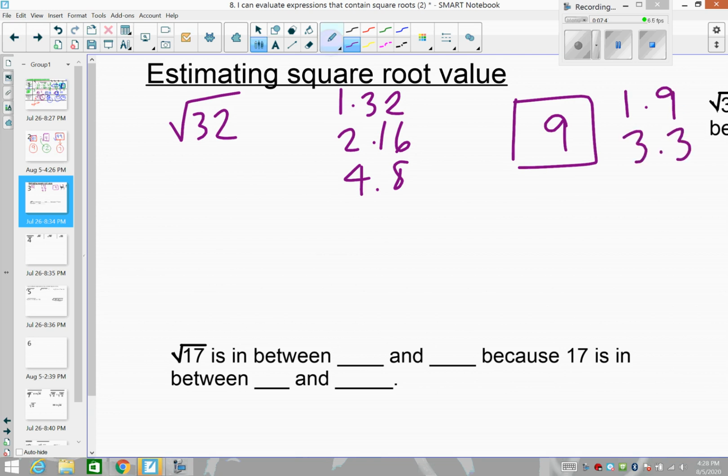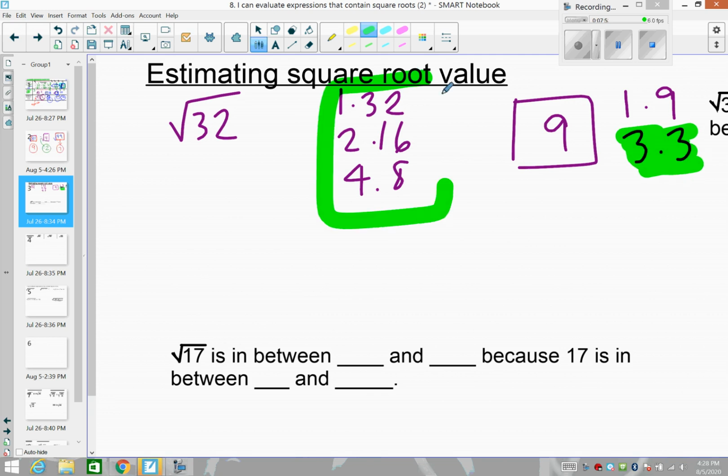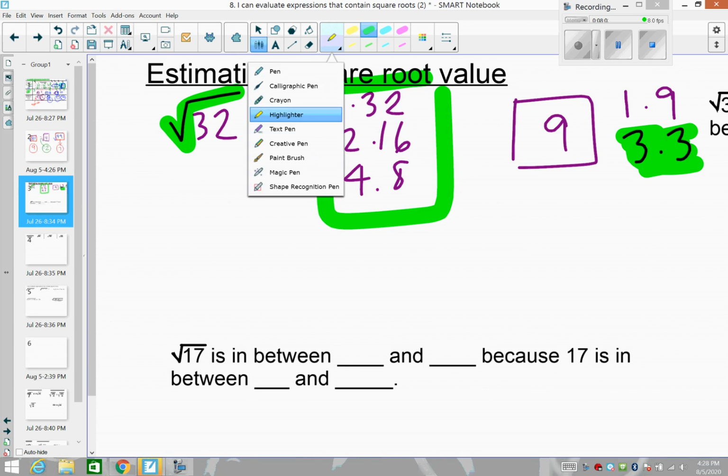And what's special about this 3 times 3 is it makes a square because the side lengths are the same. But I'm not seeing that happening here, which means the square root of 32 is not a square. It's a rectangle.